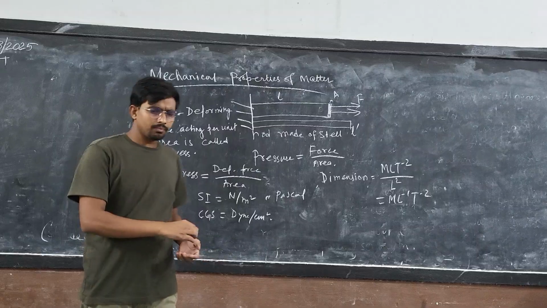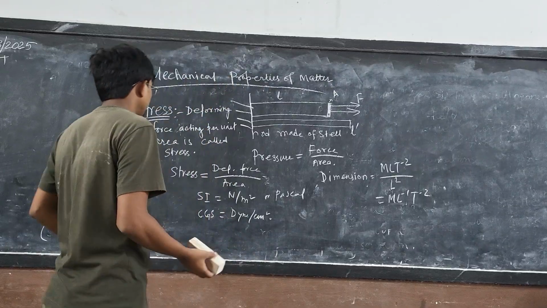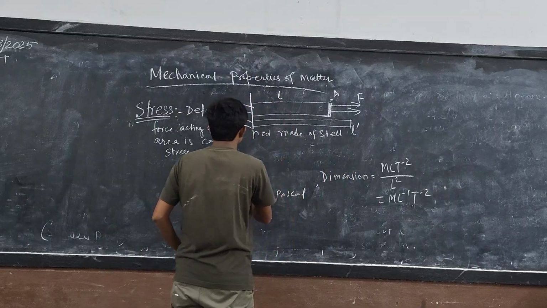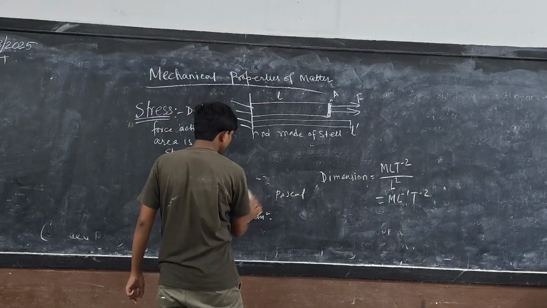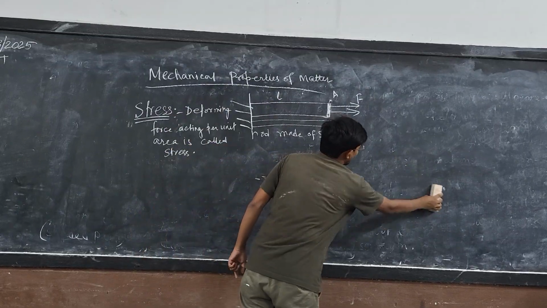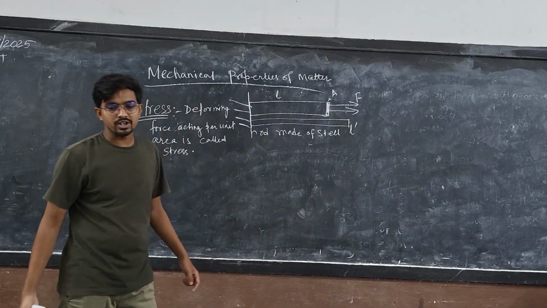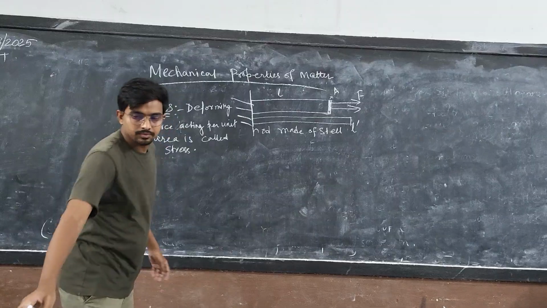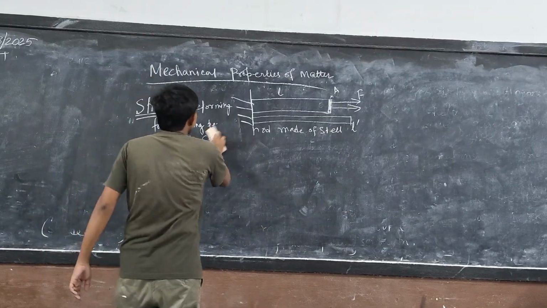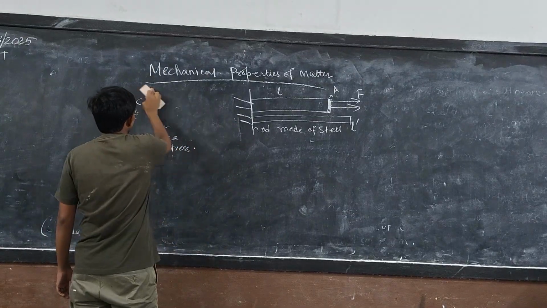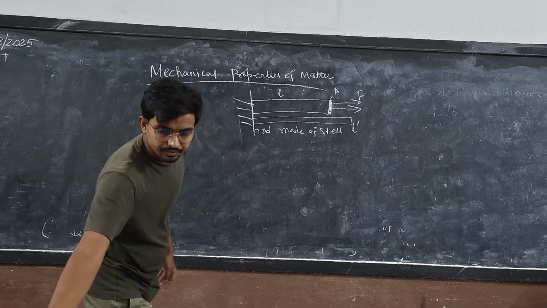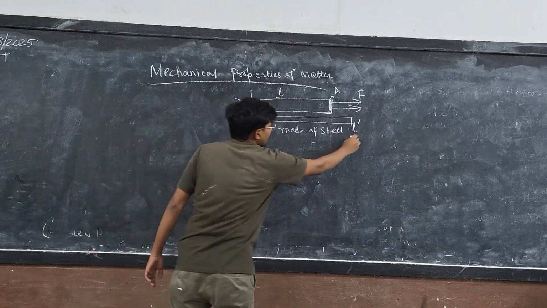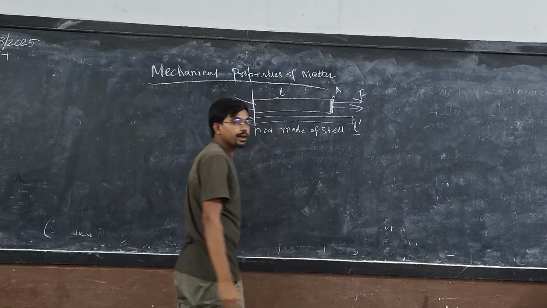Now another term is introduced here. When I have applied a force on any object, it gets stretched. What is stretching? It gains an extra or additional length. As I have said, the original length is L, and now the final length is L prime.